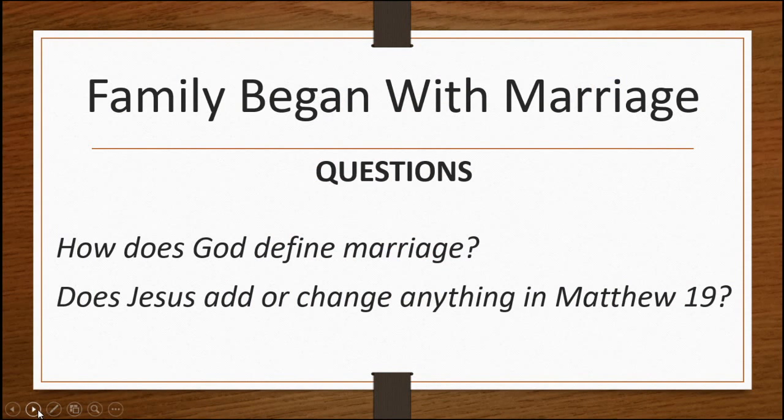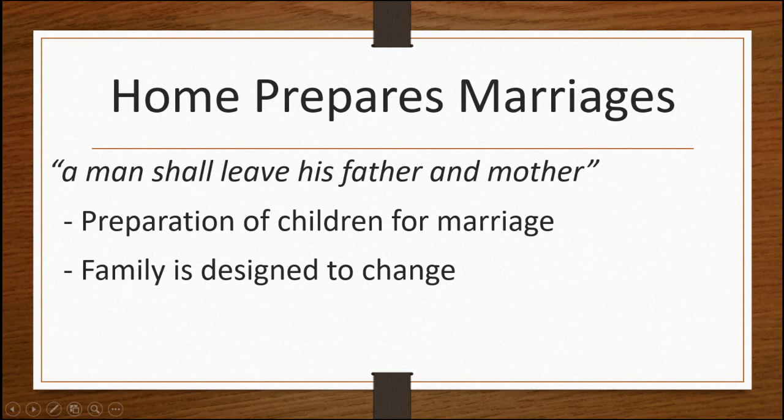The next thing I want us to consider, the next section that we're looking at, is the idea that what we're getting revealed here is that one of the purposes of the home is to prepare people for marriage. I know we don't always think of it like that, because a lot of times we're thinking that marriage is something that we go off on our own and prepare ourselves for, and how that's going to be.